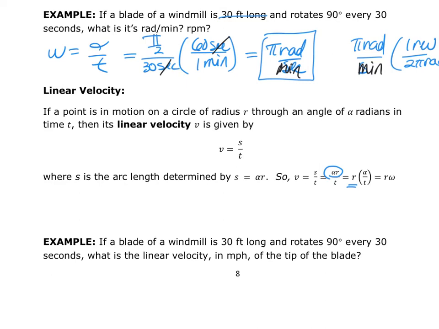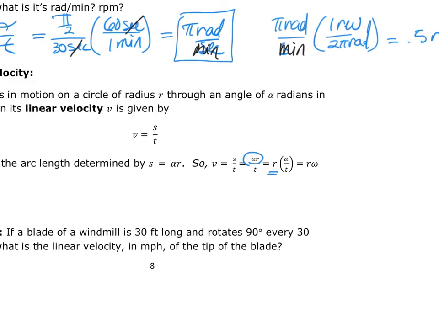Now I do alpha times r divided by t. I just rearranged my formula, and I get r times alpha divided by t. But alpha divided by t is just omega, which is my angular velocity. So what I know is that linear velocity is equal to my radius multiplied by my angular velocity. It is as simple as that.